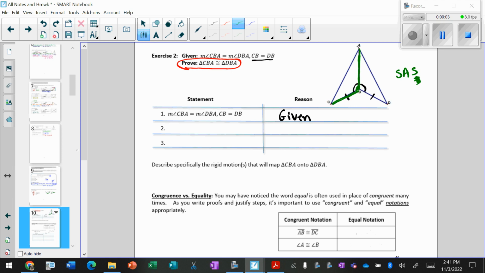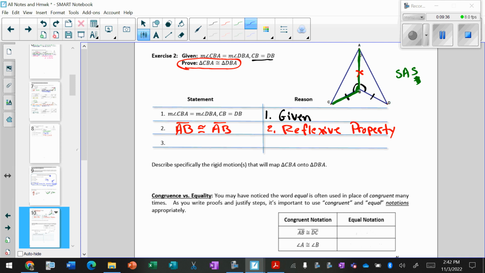What was the rule or the reason that said side AB is congruent to itself? Because that same side is used for 2 different triangles. Reflexive property. Reflexive property is congruent to itself.